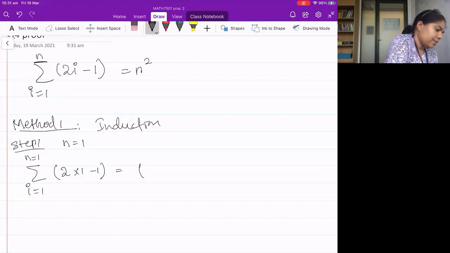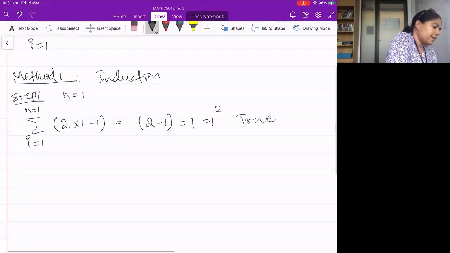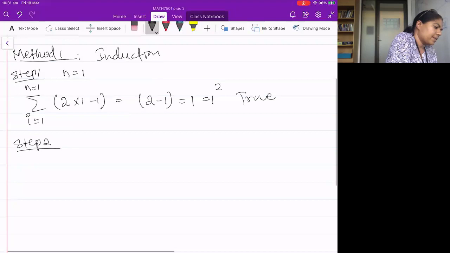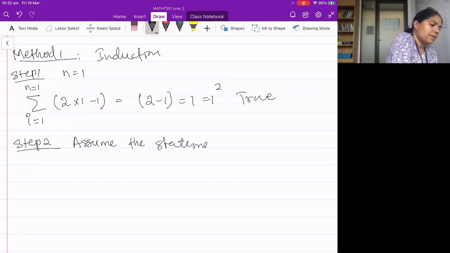This equals 2 take 1 equals 1 squared, okay, which is true. The next step is called the hypothesis step or induction step. Assume it is true for n equals k.